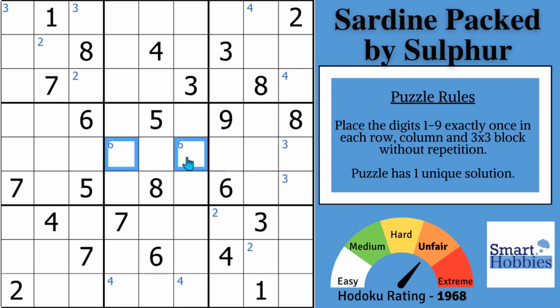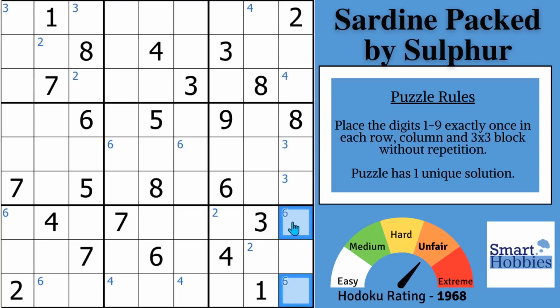2 places for a 6 in block 5, and with these 2 6s, 2 places for a 6 in block 7. And then with this 6 and this 6, you have 2 places for a 6 in block 9, but it's a pointing pair as well, which means it's in the same column.